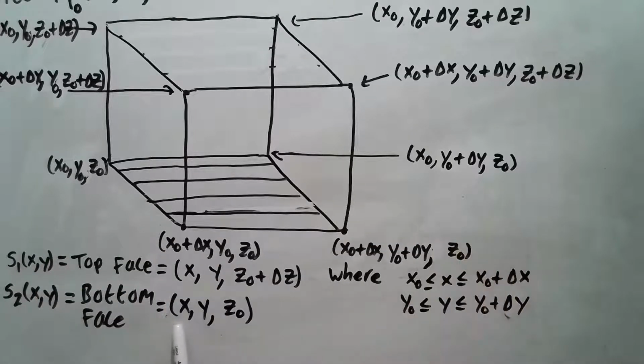So we parameterize the bottom face as x, y, z0, where the x and the y have the same range as the top face. Okay, let's do now the right face. So this guy will be here. So let's do that one next.